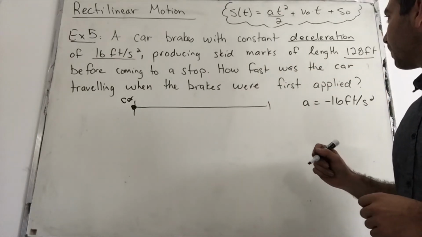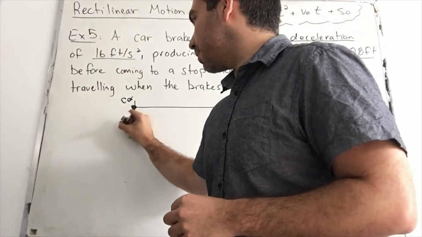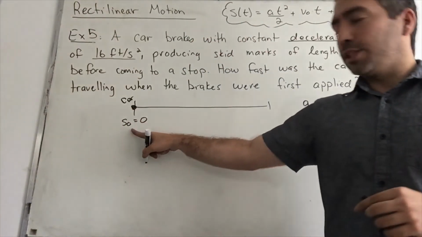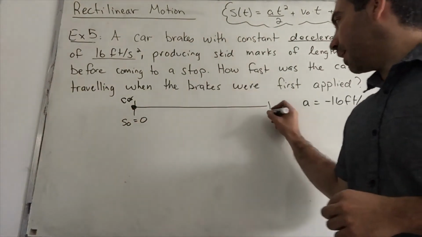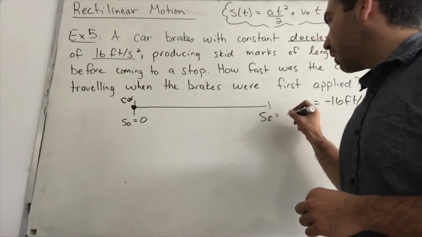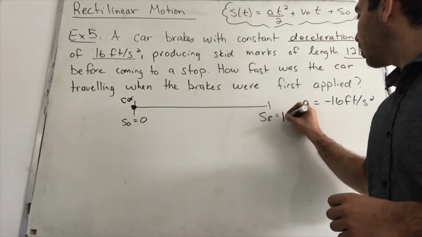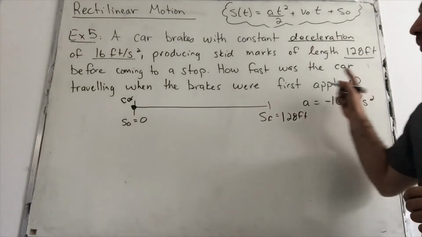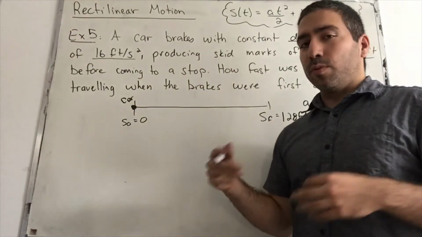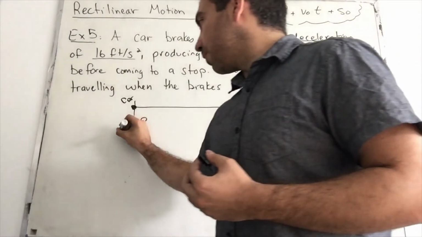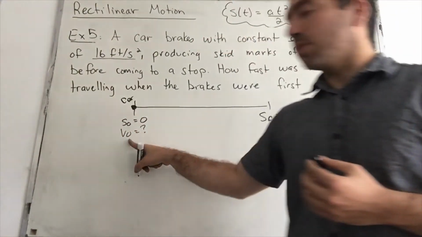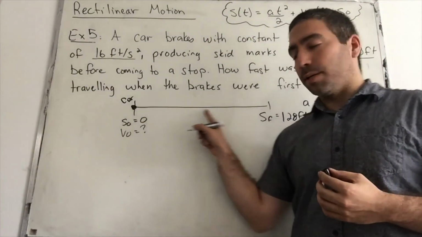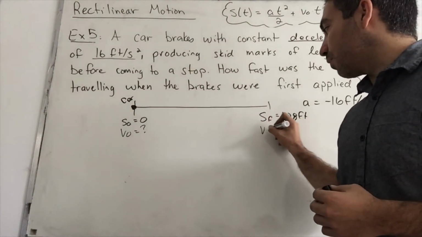So if this is the initial position as 0, we'll call it point 0, and we know at the end this is a distance, let's call it S final, of 128 feet. That's the length of the skid mark. And then before coming to a stop, what do we know about the velocity? Well, the initial velocity is what the question's asking for. How fast was the car going when it started braking and producing skid marks? What's the V final?